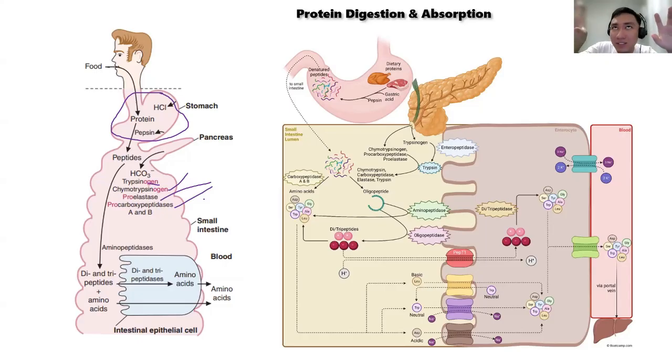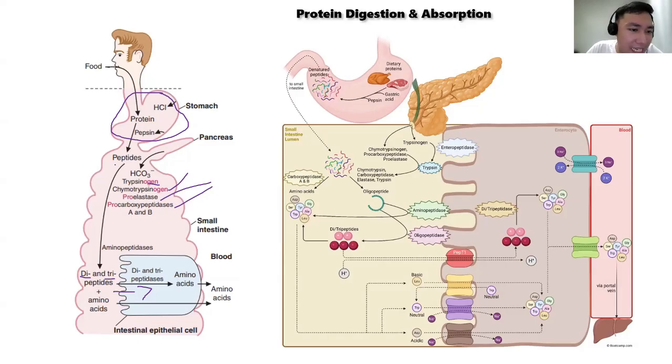So initially, si trypsinogen, ma-activate siya sa duodenum, maging trypsin. And then once na-activate si trypsin, it can now activate all the other enzymes. Okay? And then, ang matitira dyan is mga dipeptide, tripeptide, and then they will be absorbed into our intestinal cells.